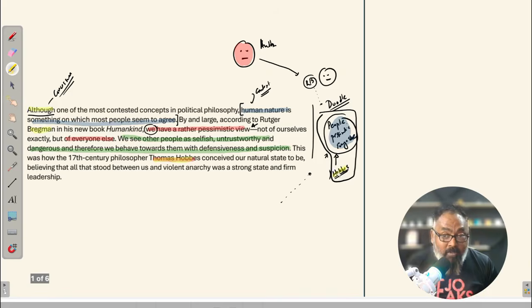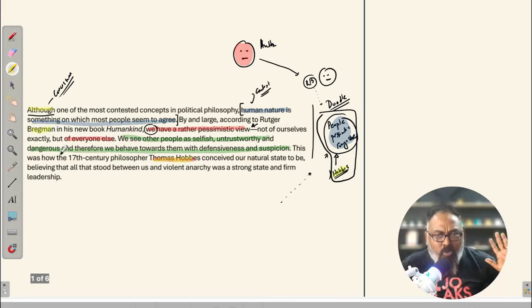We know at this point that this is what Hobbes believes, but we don't know what Bregman believes. We also don't know what the author believes. I don't know whether the author is going to leave Bregman out and just deal with this, or say something else. Is the author going to focus more on Thomas Hobbes, or on Bregman, or leave both of them in this particular paragraph? I don't know, so I'm suspending my thought.